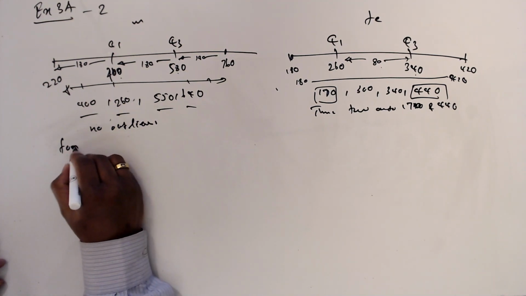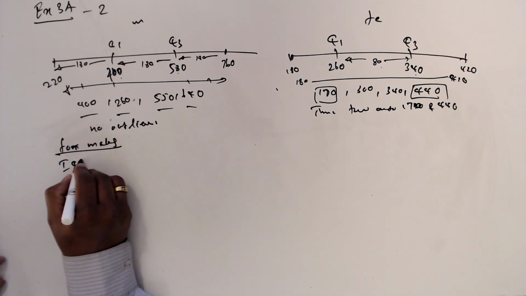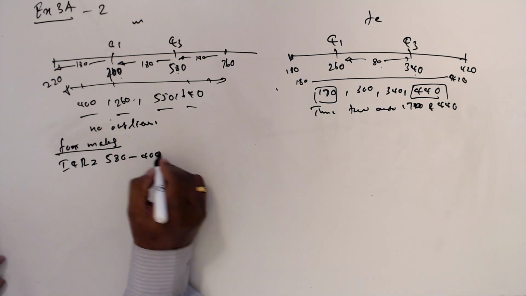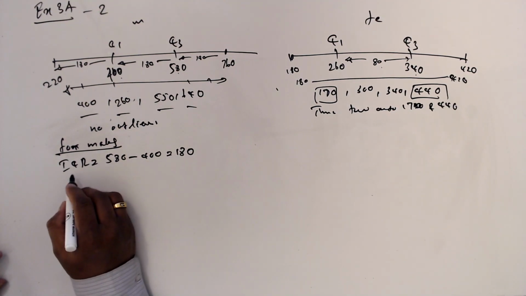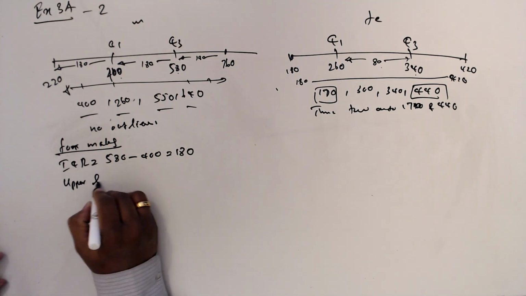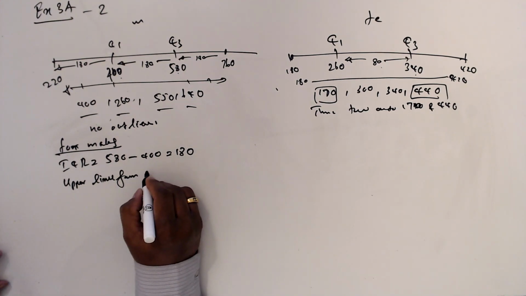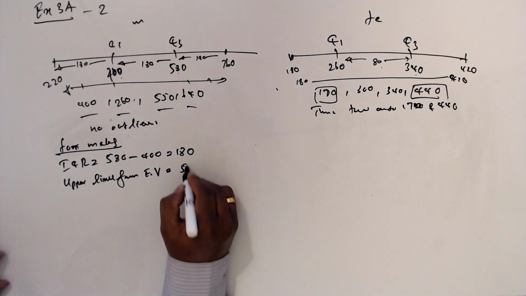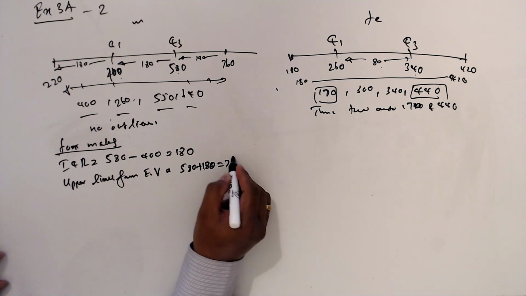For males, right, IQR is 580 minus 400, that is 180. Upper limit for extreme values is 580 plus 180, that is 760.